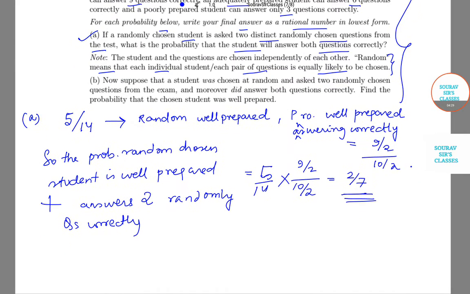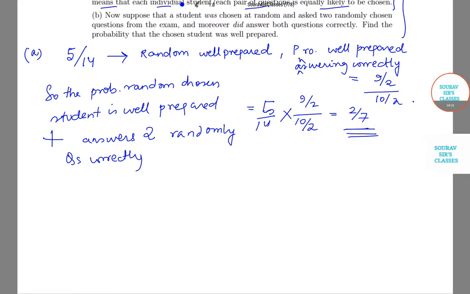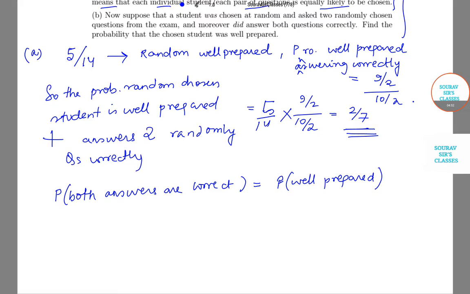So the probability that both answers are correct will be given by: you randomly select a well prepared student and the probability that for the 2 randomly picked questions, he will answer them correctly. So it will become 9C2 by 10C2.